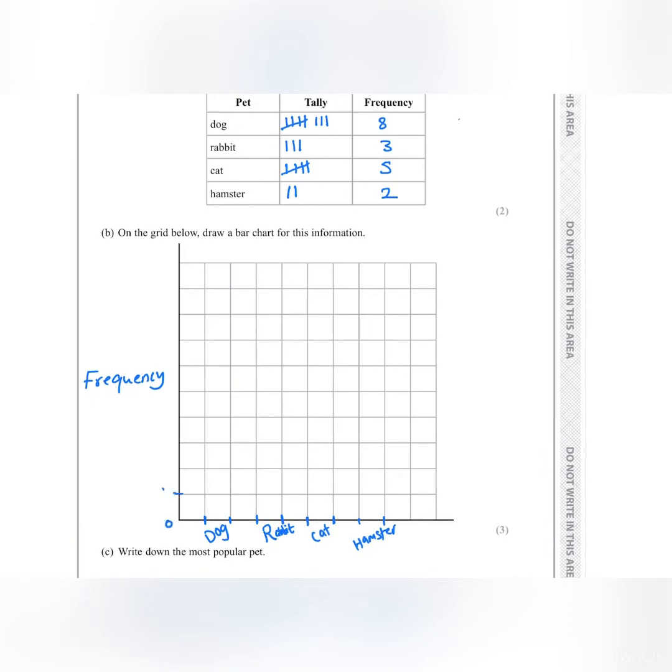Just count 1, 2, 3, 4, 5, 6, 7, and 8. So dog is 8. So let's just complete our bar chart first. Go up to that line, and making sure we use a ruler and a pencil to draw this. Rabbit is 3. Cat is 5.